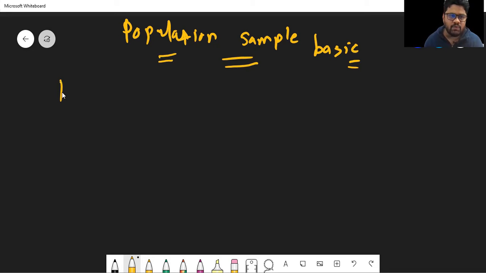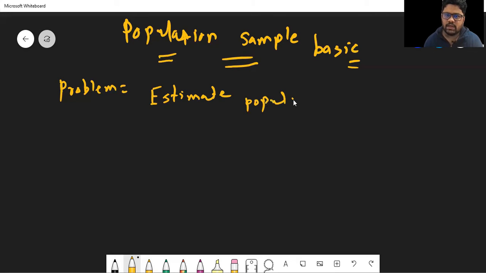The problem statement over here is that we have to estimate the population mean height of India.